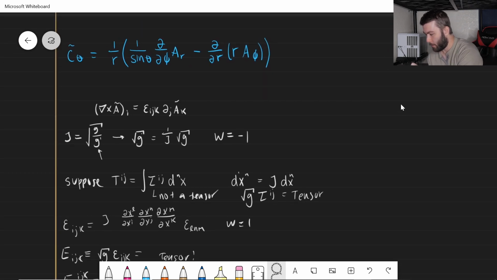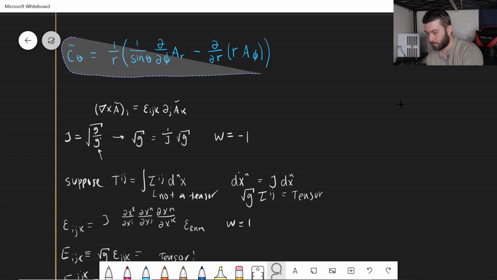My issue with how the book does it is you get this answer at the end, and then you kind of pattern match with what we already know the answer is. So you could be like, oh, if we multiply by this factor, you get the final solution that you want for the regular curl.